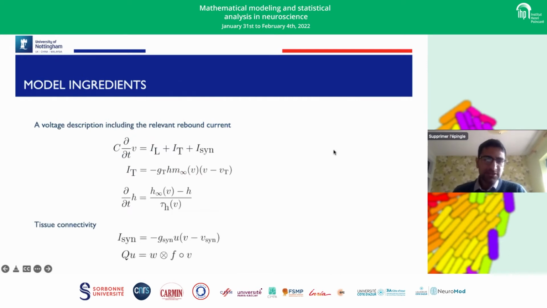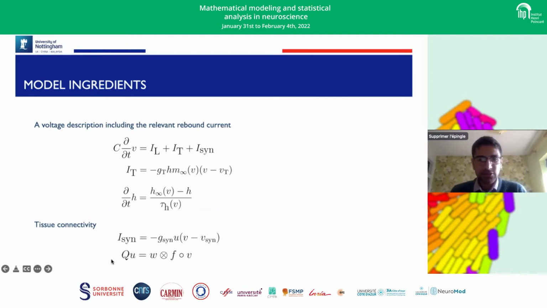So putting this all together, what would be an effective model of thalamic tissue? We know we've got to include some description of rebound, and it's got to be put into a description that includes tissue architecture.